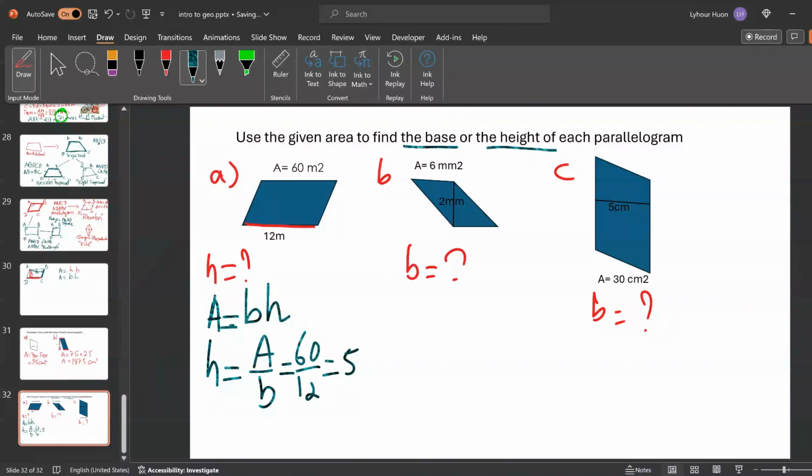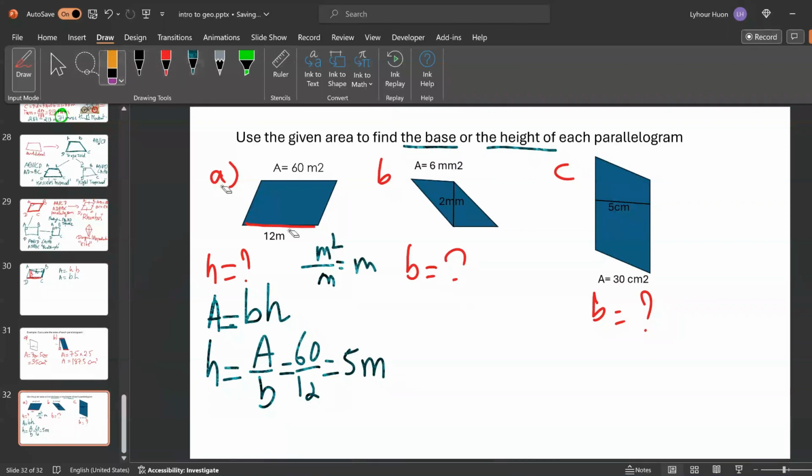Because the unit of the height is, is it meters squared? Because you only put one m, not square. It's just meter. Why? Because area should be meter square, divided by meter, then it will be meter only.